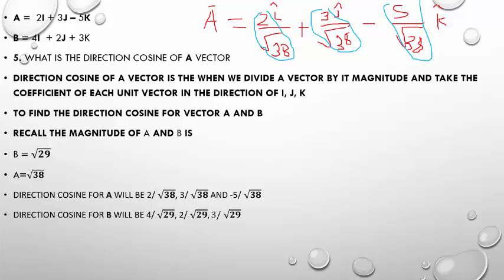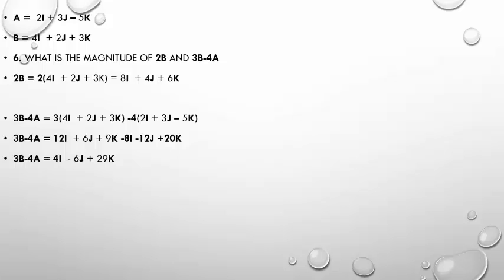And similarly, direction cosine for B will be 4 divided by root 29, 2 divided by root 29, 3 divided by root 29. Then what is the magnitude of 2b and the magnitude of 3b minus 4a? We simply put it as 2 into vector b.